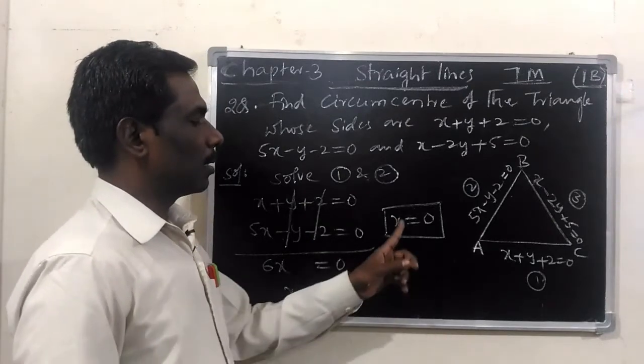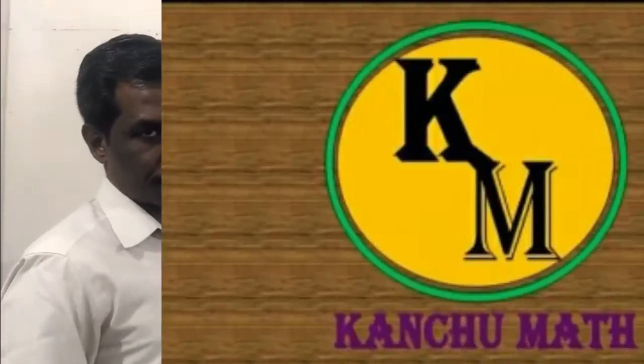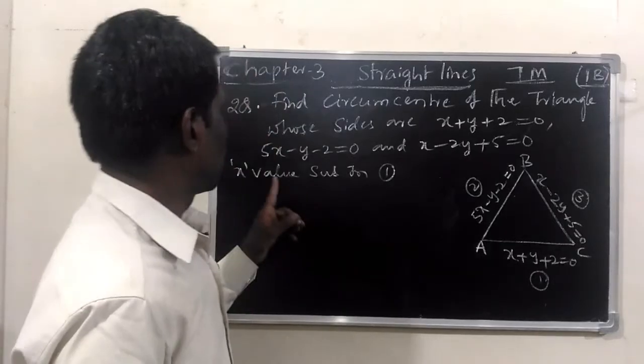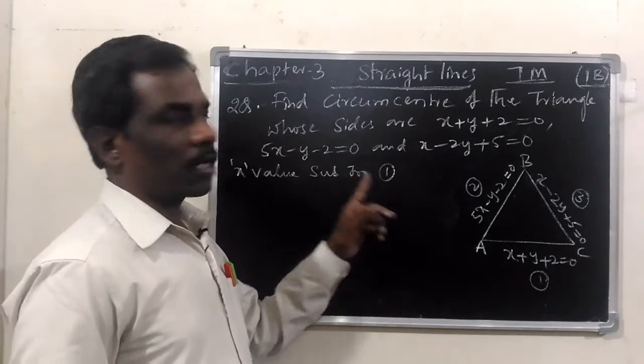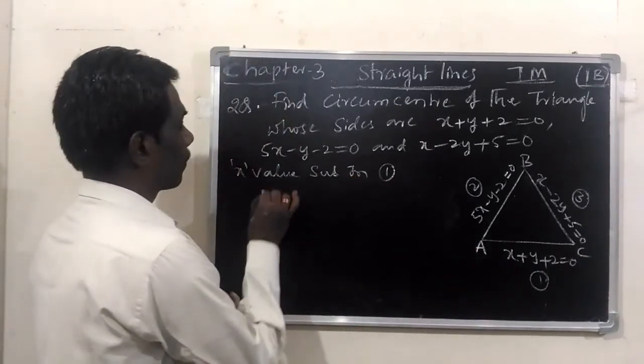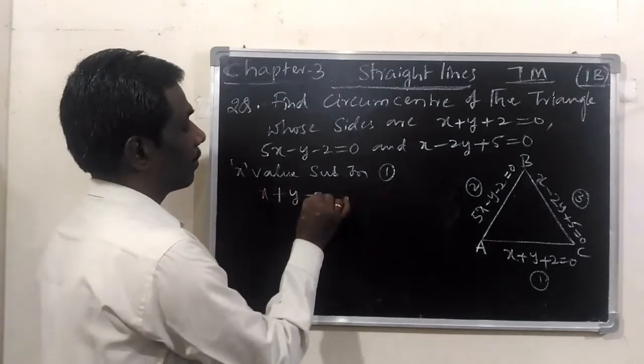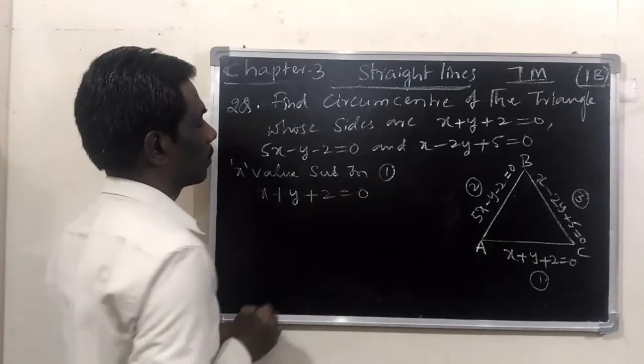After getting this x value, substitute it in any one of the equations. Now I am substituting the x value in equation 1. Equation 1 is x plus y plus 2 equal to 0.